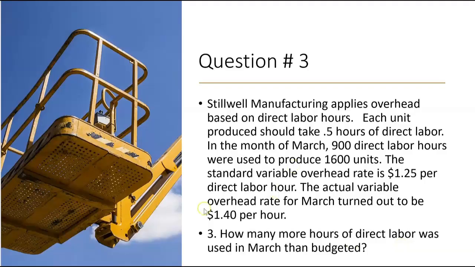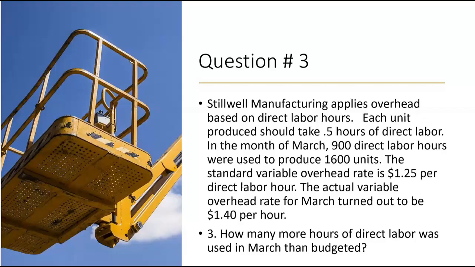So based on the same facts, unless otherwise indicated, Stillwell Manufacturing applies overhead based on direct labor hours. Each unit produced should take half an hour of direct labor. In the month of March, 900 direct labor hours were used to produce 1,600 units.